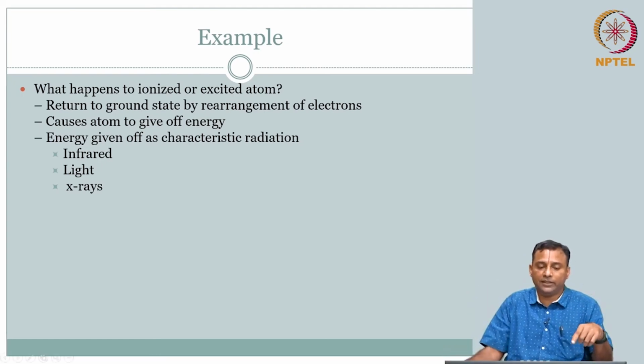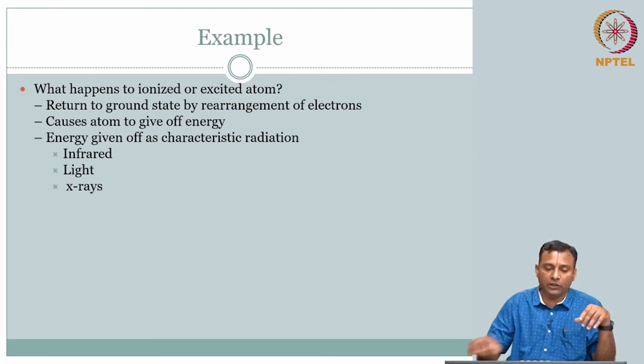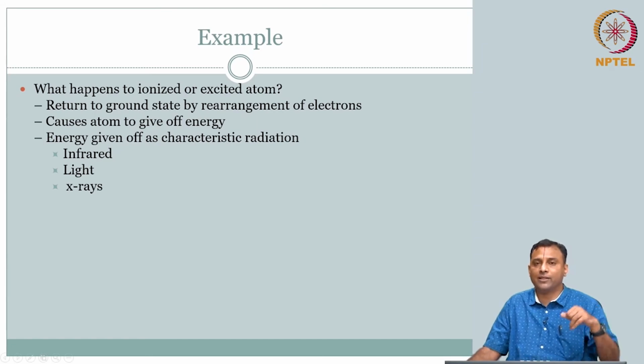So, if you give the energy out, and that energy comes out in one of these, we call it the characteristic radiation. It is characteristic of the energy gap that makes this excess energy come out in these particular wavelengths.